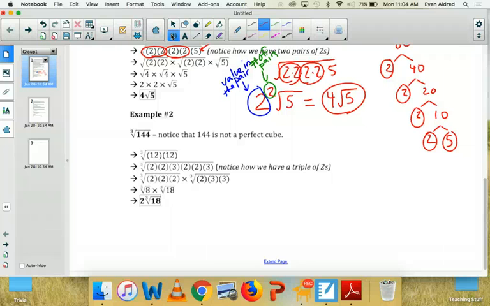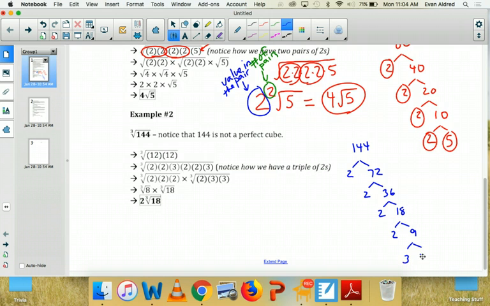And if we write out our prime factors, we're going to get a much more extensive list. I'll use blue this time so it doesn't blend in. We're going to have a lot of 2's here. And when we write out our prime factorization, we have 4 2's and we have 2 3's.